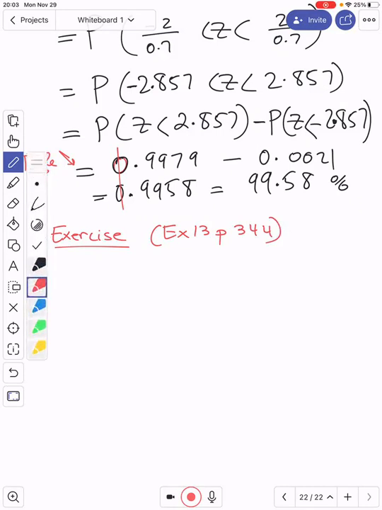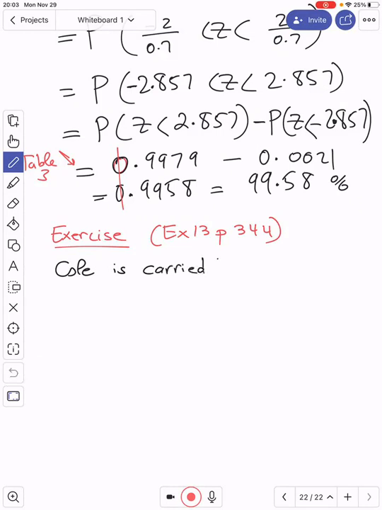So it says the following. Coal is carried from a mine in West Virginia to a power plant in New York.